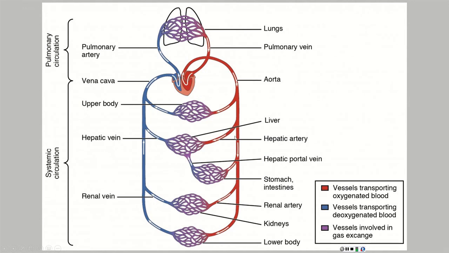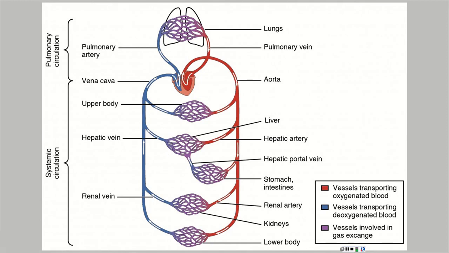It could go to the stomach, the intestines, and back to the liver. It could go to the kidneys. It could go to the lower body, the lower abdomen, the legs, whatever, and back to the heart. So when we talk about the systemic circuit, there really is a lot more to it than the way I presented it. But you do not need to know all of this detail. This is just to give you an idea of, hey, there really is a lot more to the story.